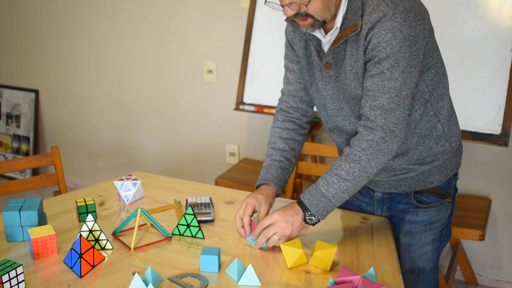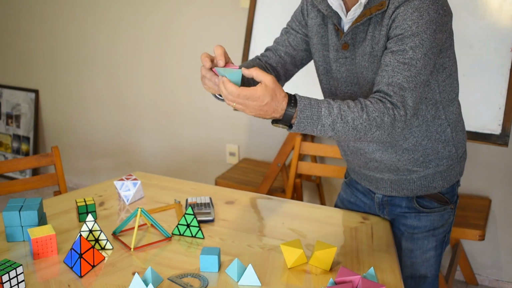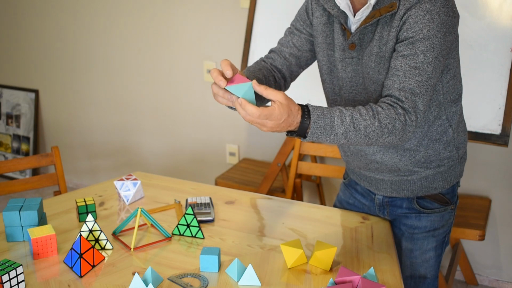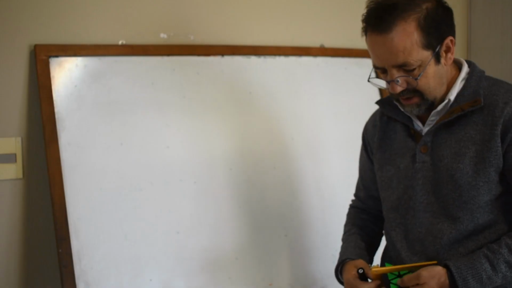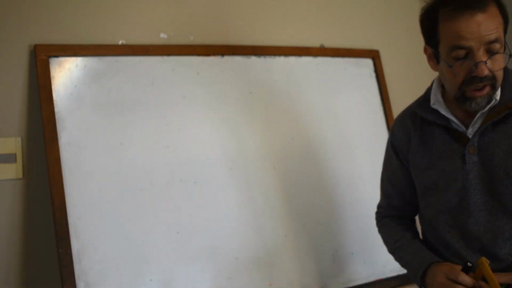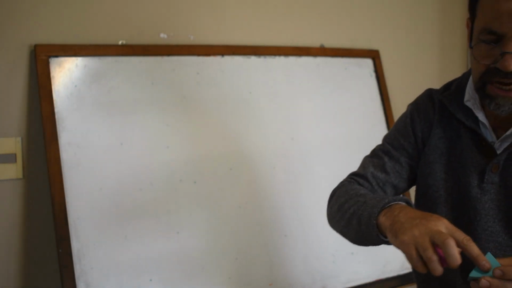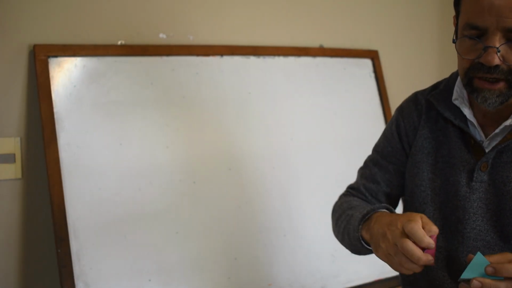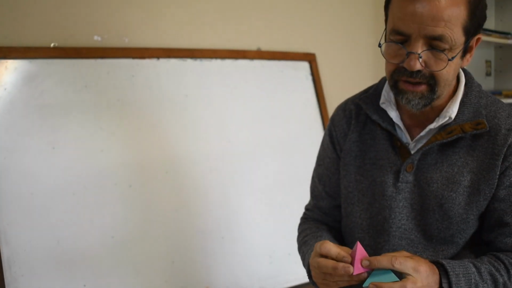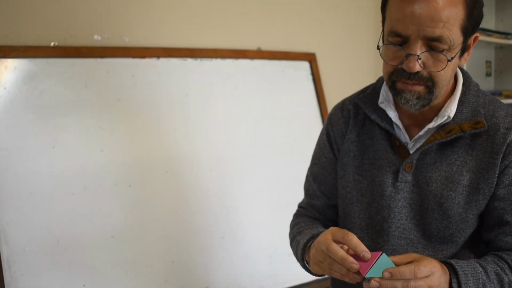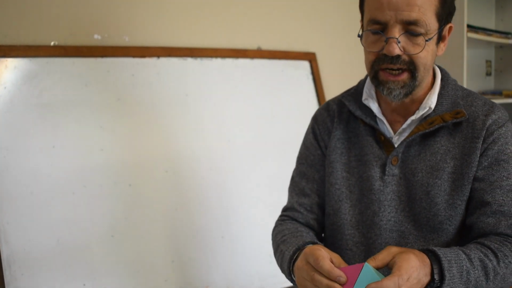And so let's think that the side of each of these bodies is 1. Well, let's demonstrate that this dihedral angle plus this dihedral angle, the dihedral angles of both bodies, add to 180 degrees.